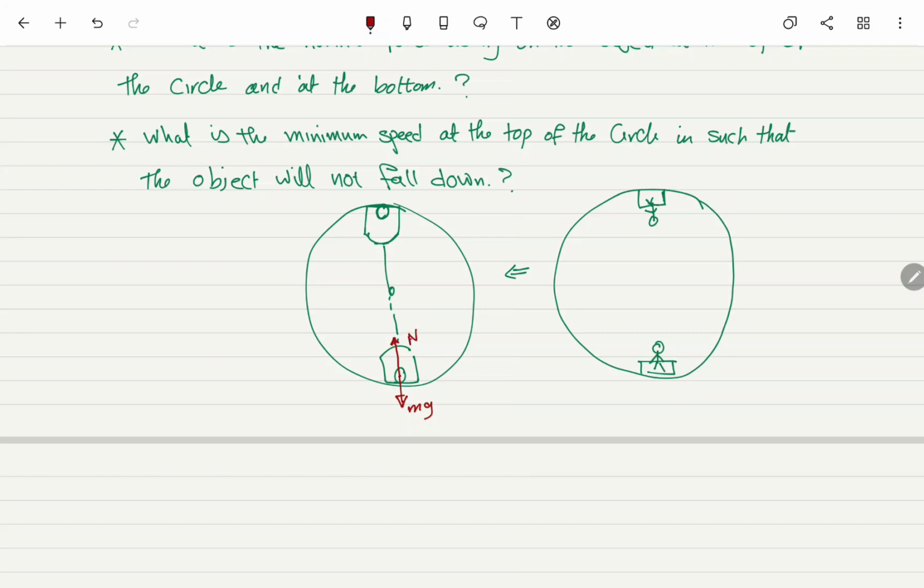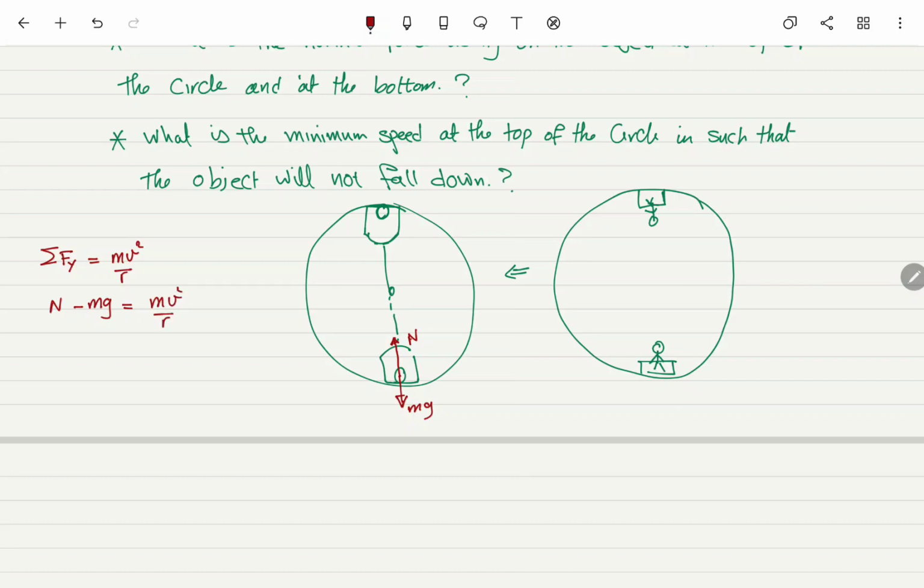Now at the bottom here, the sum of all forces on y is equal to, this is the circular path, in this case, mv square over r. Actually, we start with the force that goes with the acceleration. So normal minus mg equals mv square over r.